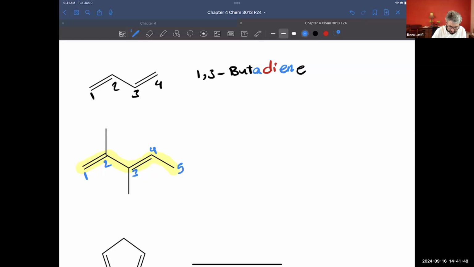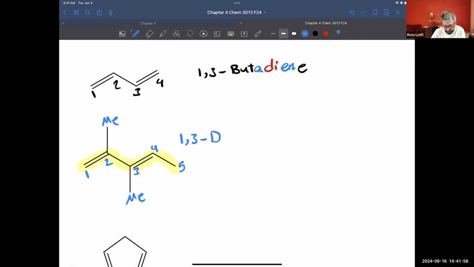Okay, on the second and the third carbon, we have methyl groups. So I say di, and then I say methyl, dimethyl. Okay, next, where do I have the double bonds? On the first and the third one. So I'm going to say 1 and 3.